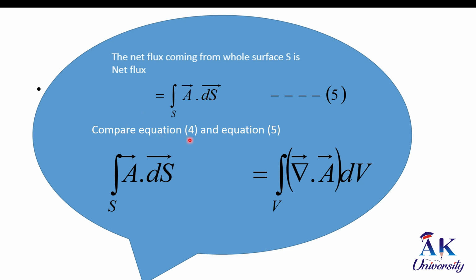So comparing equation 4 and 5, the surface integral of vector A is equal to the volume integral of the divergence of A. This is the mathematical form of Gauss's divergence theorem, and this is our final required answer.